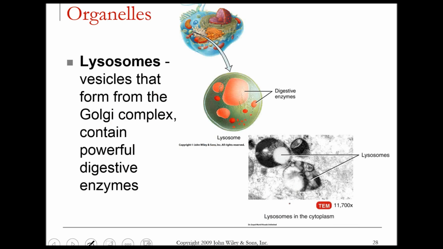So the cell has the ability to change the proteins that are found in the cell membrane. Lysosomes, another membrane-bound organelle that we've been mentioning a little bit so far. Lysosomes contain very powerful digestive enzymes. Why would you want to keep these digestive enzymes protected from the rest of the cell? That's right. If you just let the digestive enzymes loose inside the cell, it might digest itself, and that wouldn't be good for cellular health.